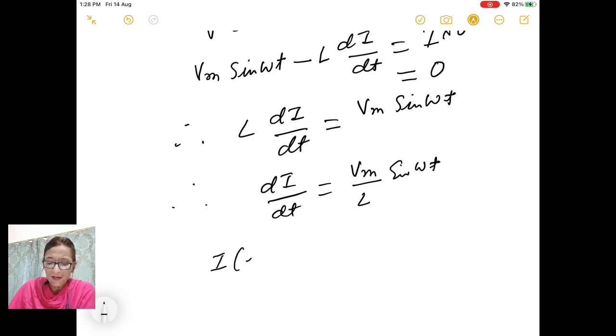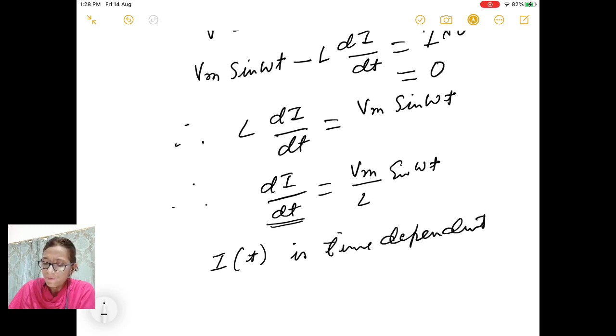So when a current is there which is time dependent, and the rate of change of current, that is the slope of the I-t graph. Here I is time dependent. Therefore, the slope, slope is rate of change of one quantity with respect to other.